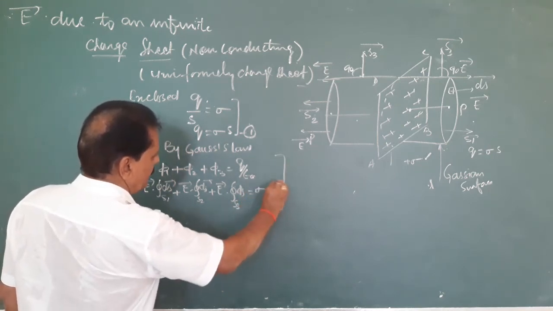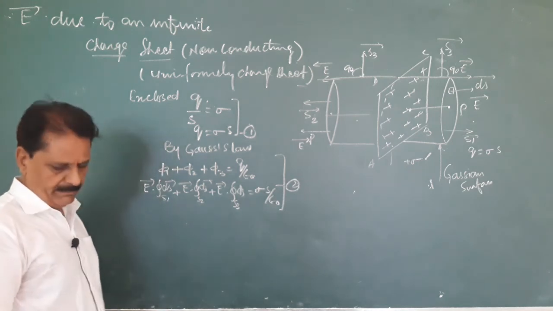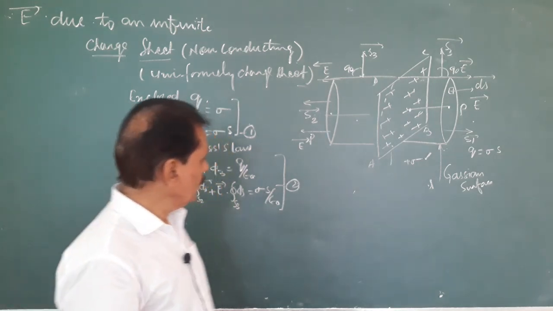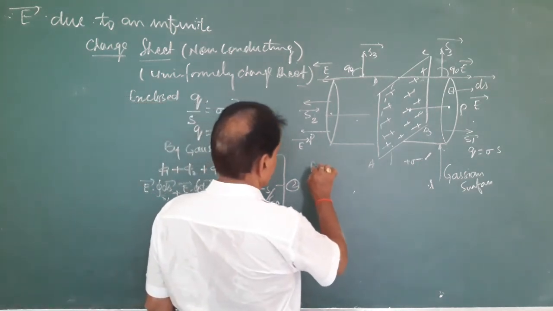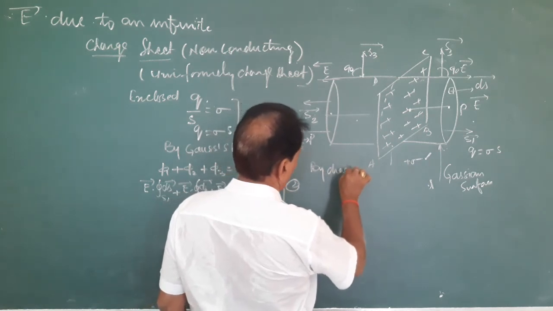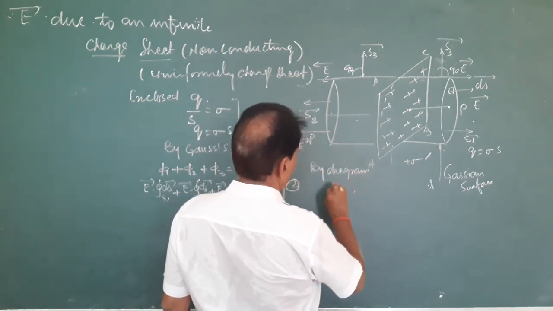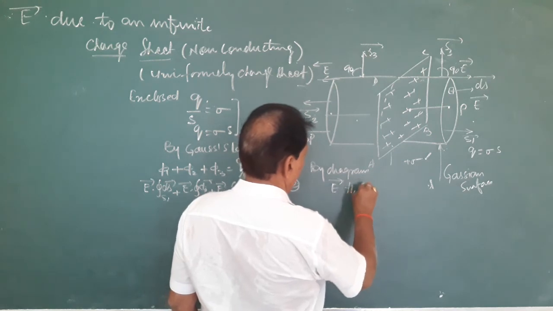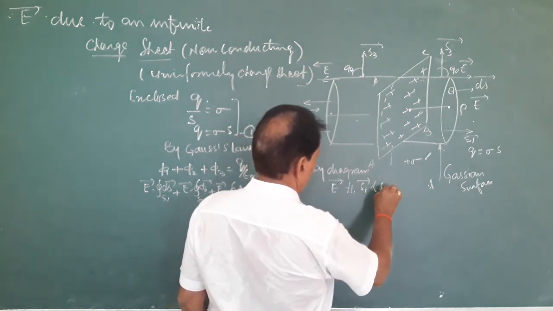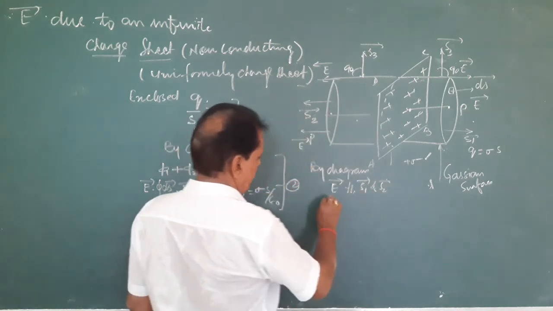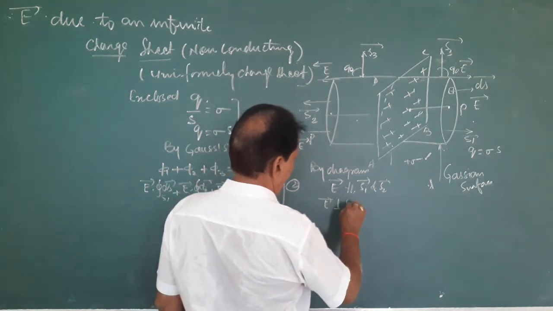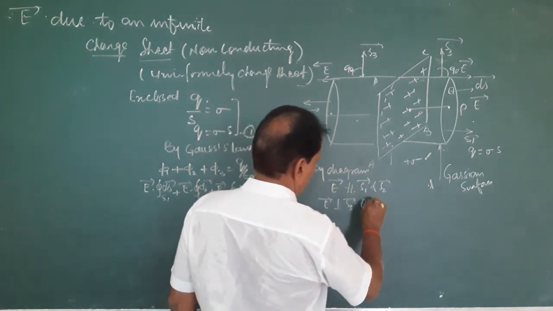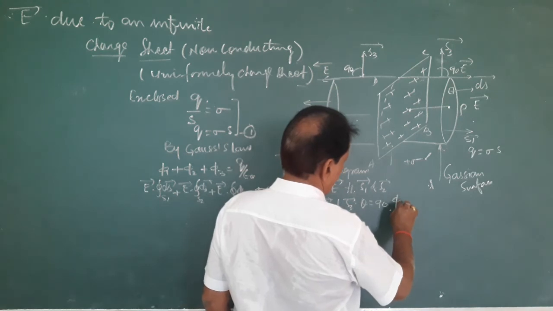This is our second step for this derivation. Now, by the diagram, E is parallel to S1 and S2, and E is perpendicular to S3. Therefore, theta is 90 and phi3 is 0.